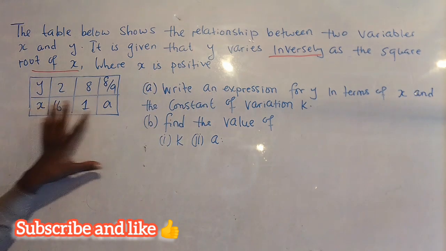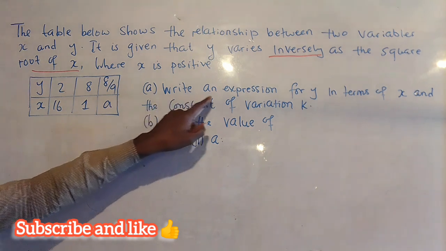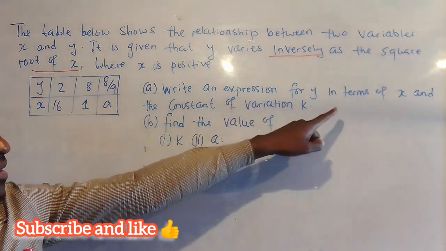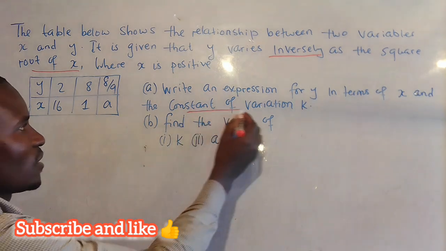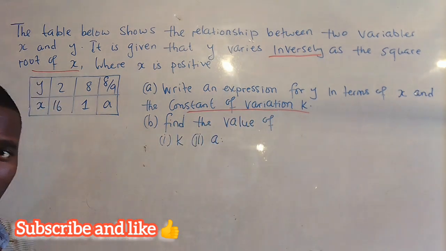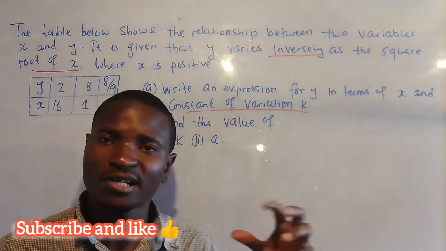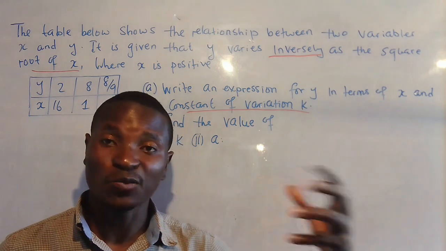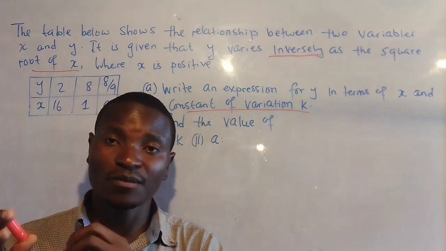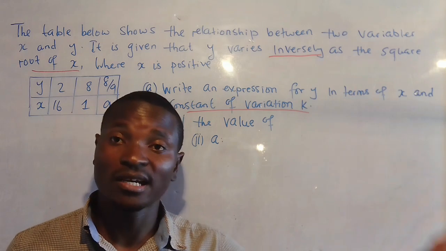The first question is: write an expression for y in terms of x and the constant of variation, which is normally k. So the question is asking us to write the expression with y as the subject, in terms of x and k.